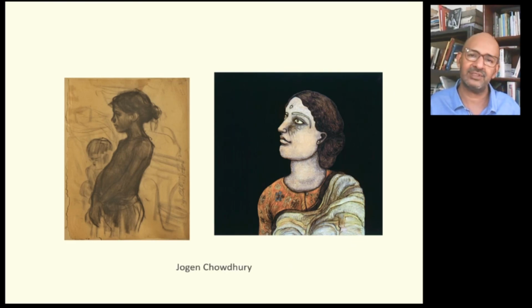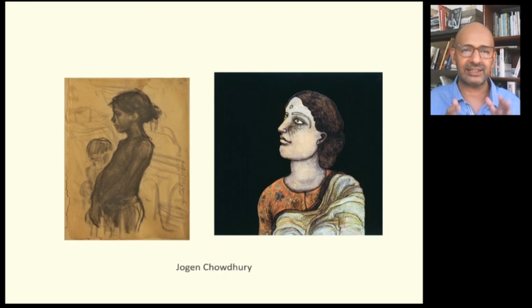And then we have somebody like Jogen Chowdhury, who was in Delhi and later on moved to Shantiniketan and also Kolkata. So on the left hand side you see one of those academic studies and practices that everybody had to go through in their art college. Jogen Chowdhury also had to go through it, and then there was a shift.